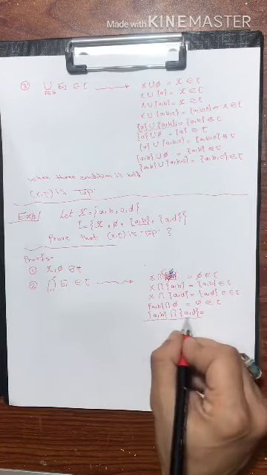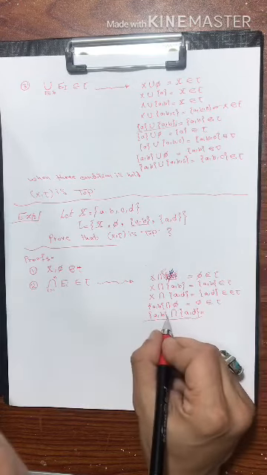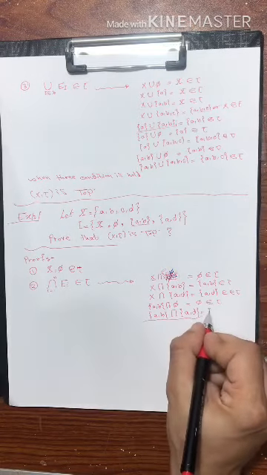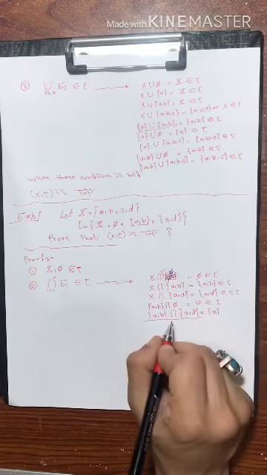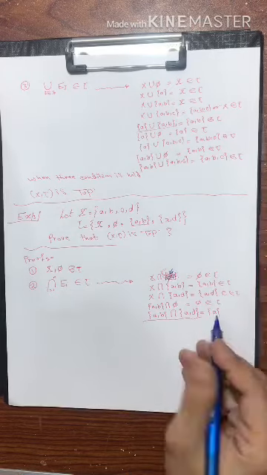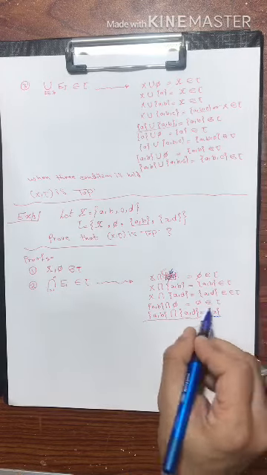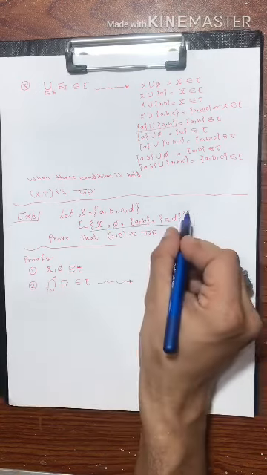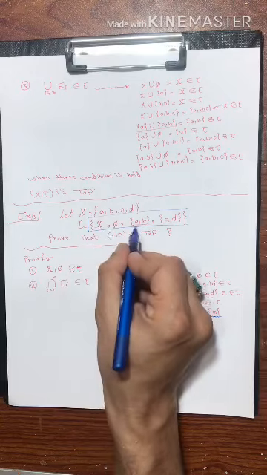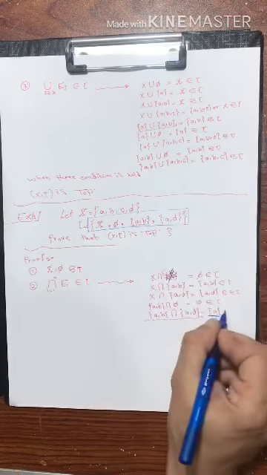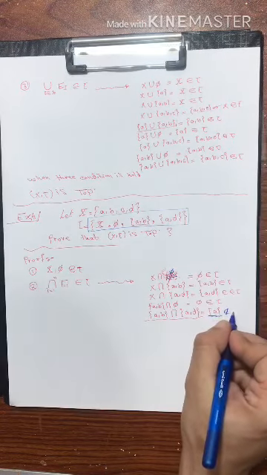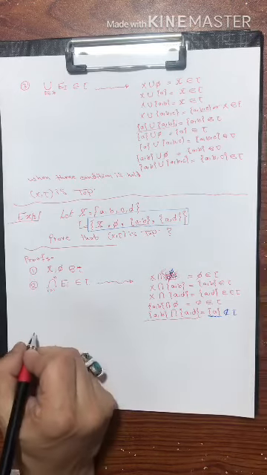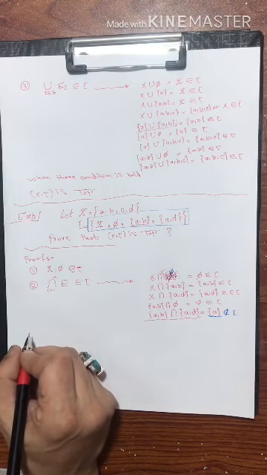But here the result of the intersection between the two subsets is subset A. Now, subset A is not found in tau, which contains X, phi, subset AB, subset AD. This does not belong to tau. That means the second condition does not hold.